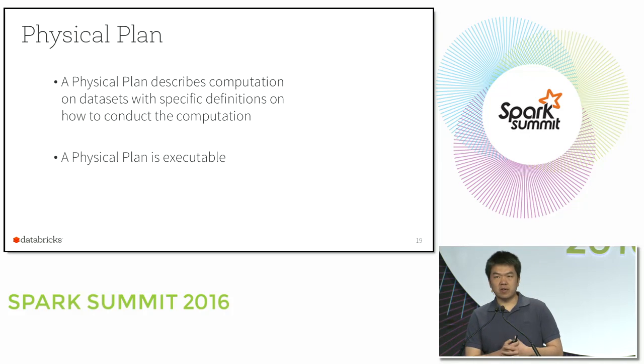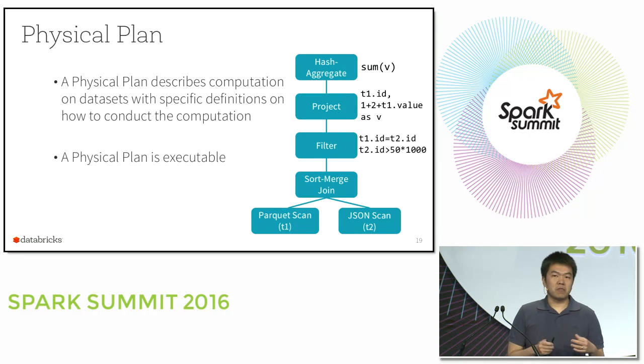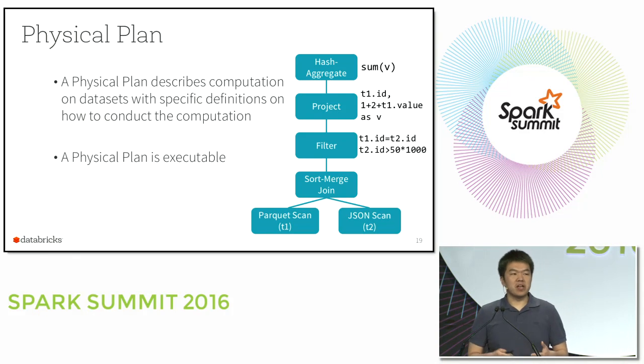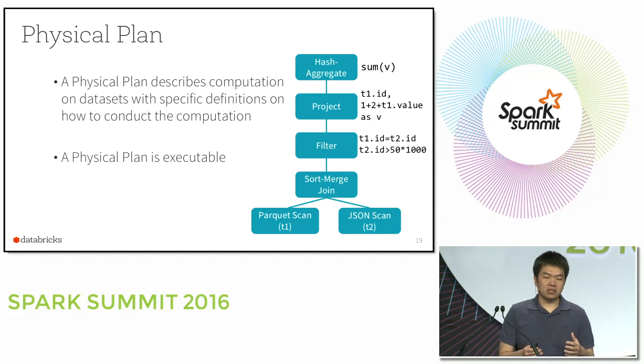And a physical plan is executable. So here is an example. You can see that for the join node, the name is not just a join, it's actually sort merge join, which means the sort merge join algorithm is used for the join operation.